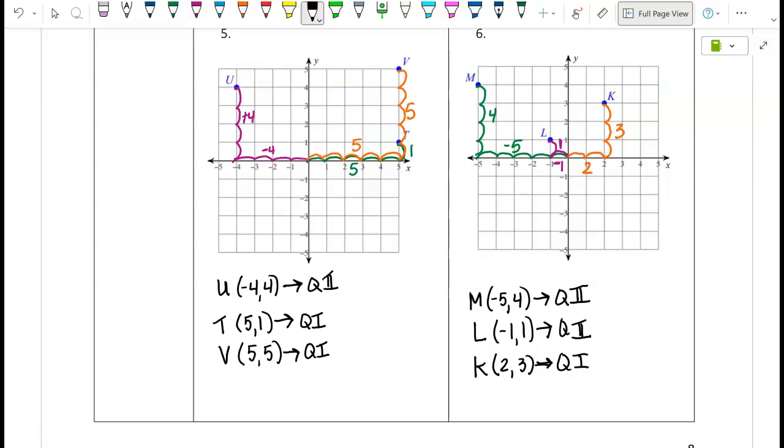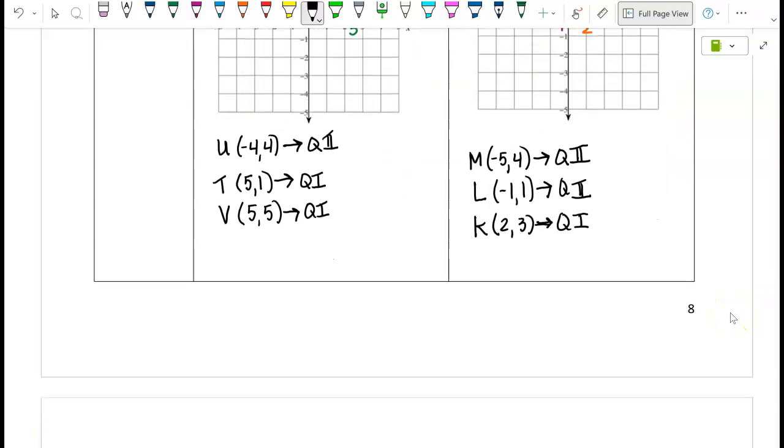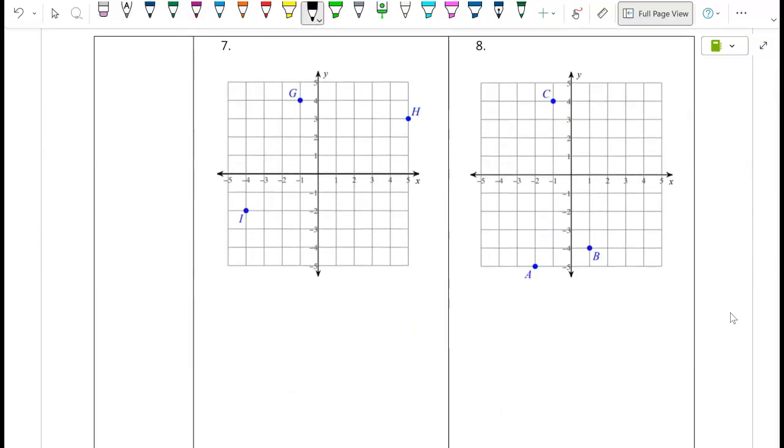All right, so let's take a look at the answers to 7 and 8. So we have points G, H, and I. Let's start with point G. So for point G, Isaac Rios, what is the ordered pair for point G? -1, 4.